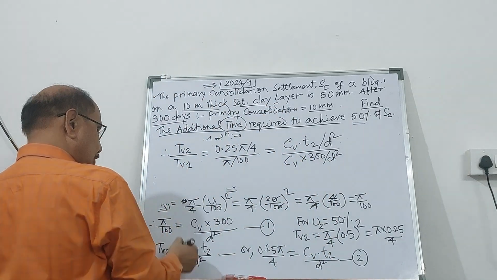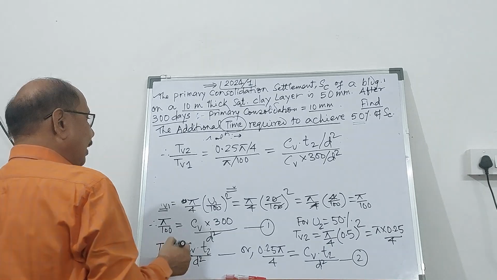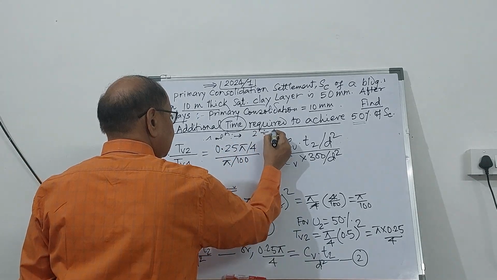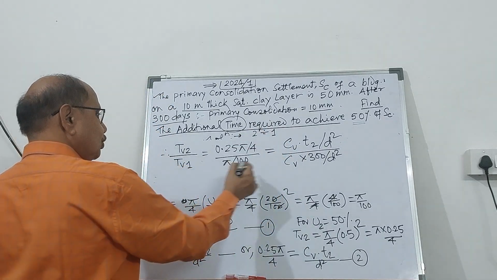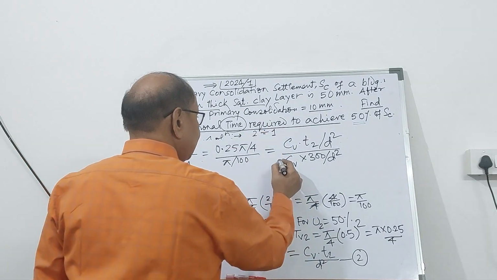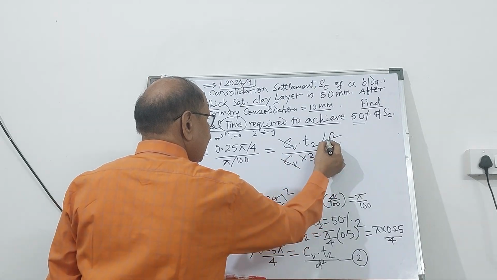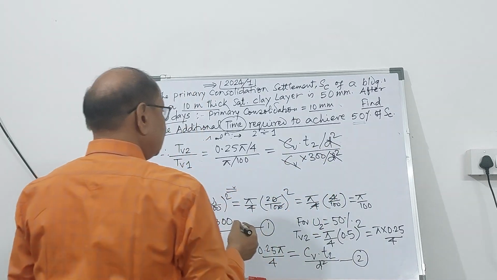So the ratio of 2 by 1 gives you this value. CV gets cancelled, d square goes out.